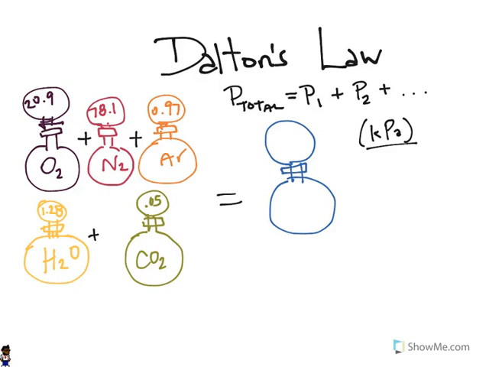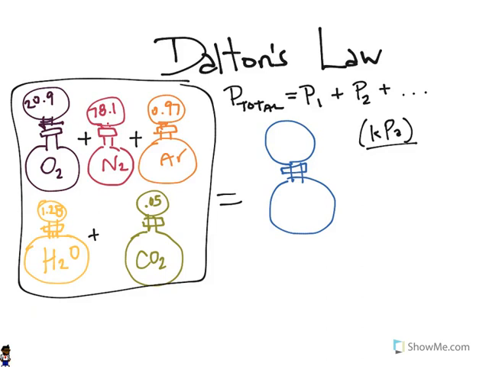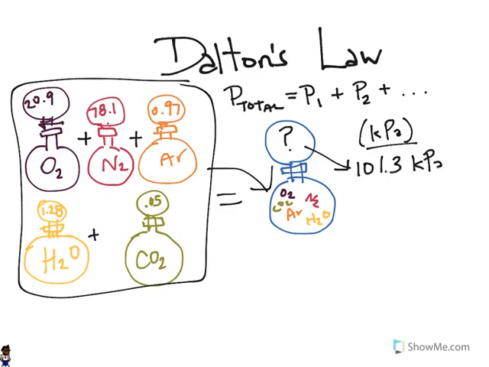If we took these 5 gases, or if these were the 5 gases that were in the sample, we placed them all in the same volume, then what would the total pressure read? Well, hopefully it's pretty simple. You just have to add them up. And in this case, it comes out to 101.3 kilopascals. How convenient, since this is a sample of air.